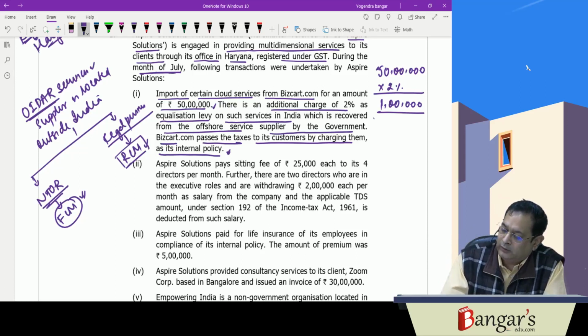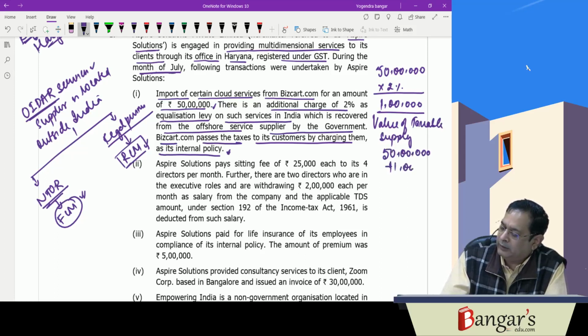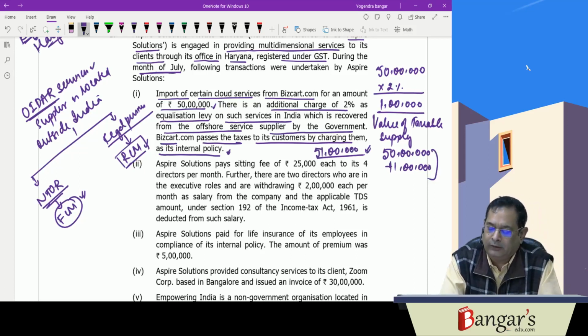So what will be the value of the taxable supply? It will be 50 lakhs plus 1 lakh equalization levy, so the value will become 51 lakhs. And Aspire Solutions will be liable to pay GST on the same under reverse charge mechanism.